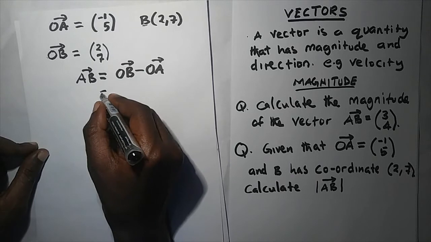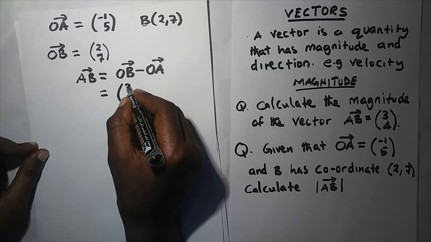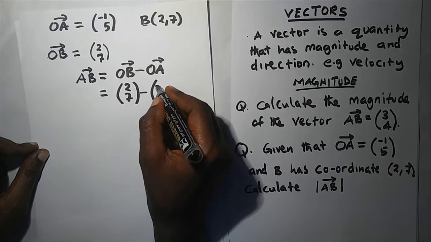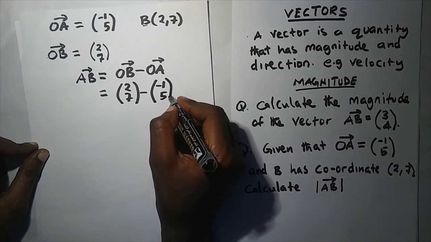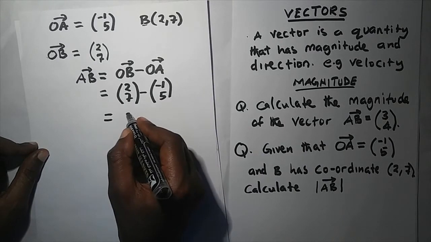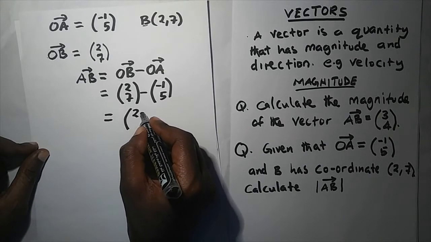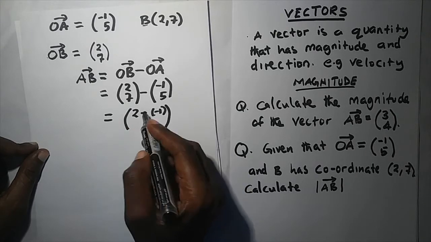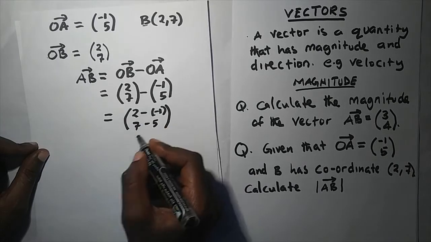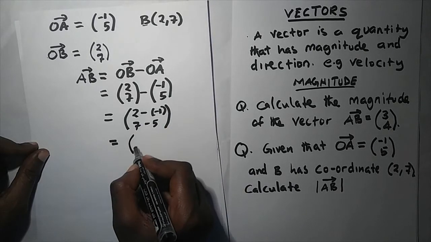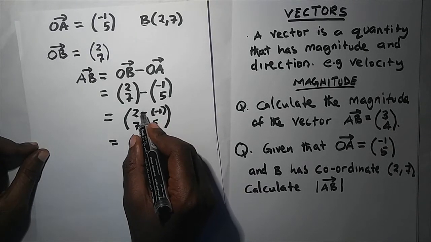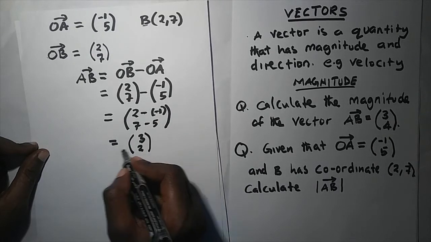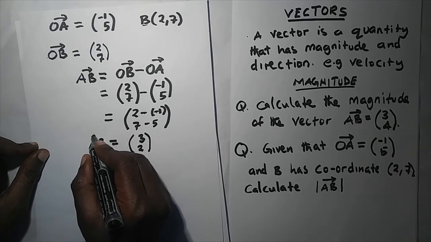OB is 2 and 7 minus OA, which is -1 and 5. So we are going to have 2 minus -1, and 7 minus 5. Here these two negatives will give us a plus, so it will be 2 plus 1, which is 3, and then 7 minus 5 will give us a 2. So this is our vector AB.